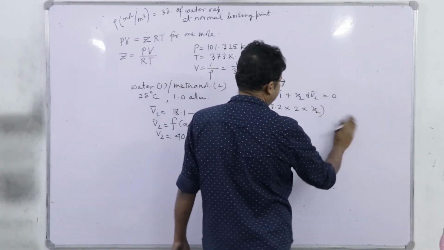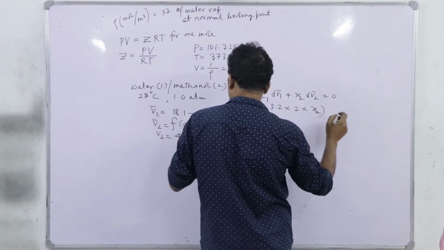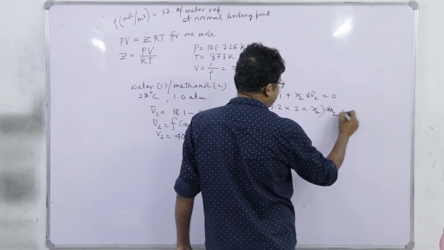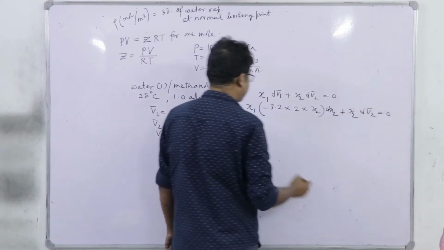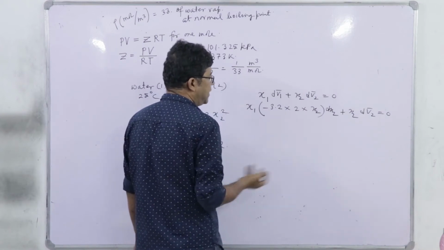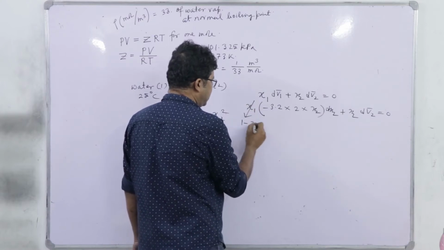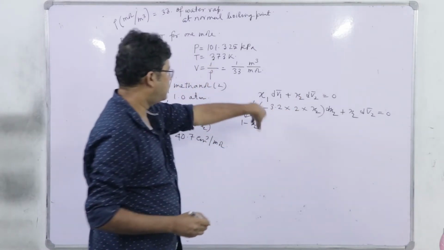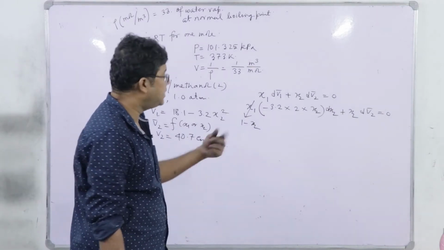Here we are taking the derivative or differential rather, plus x2 dV2 bar equal to 0, and from there we have to integrate, okay, replacing x1 by 1 minus x2. So, we have a division and therefrom we can integrate.